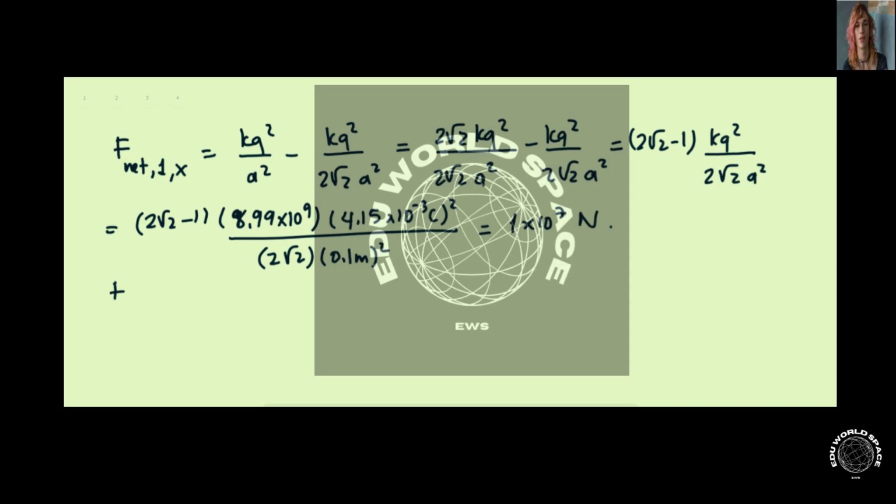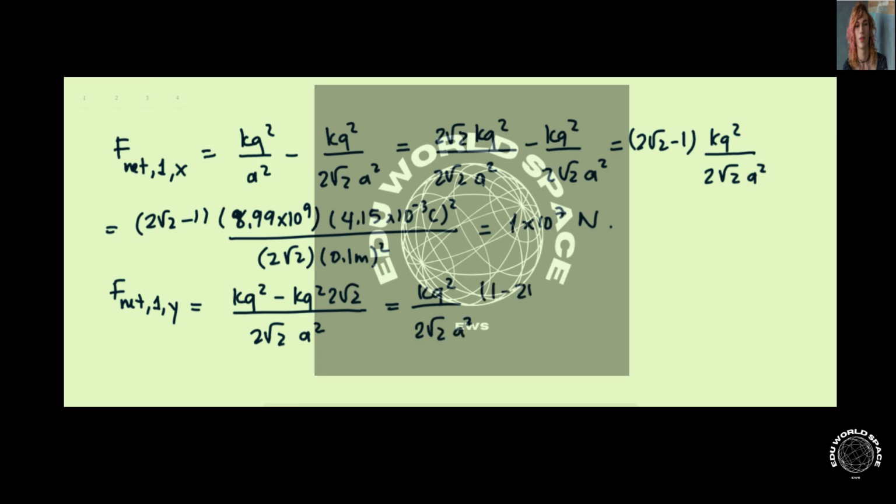Doing pretty much the same for the y component of F net 1, this time we have kq squared minus kq squared times 2 square root of 2, over 2 square root of 2 a squared. So kq squared over 2 square root of 2 a squared times 1 minus 2 square root of 2 this time.